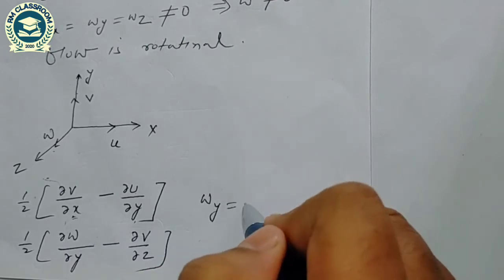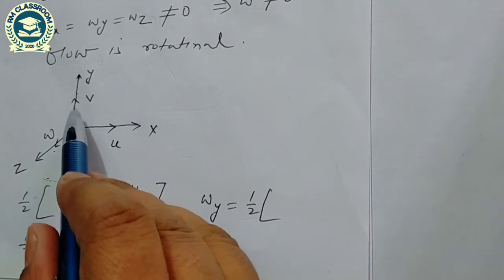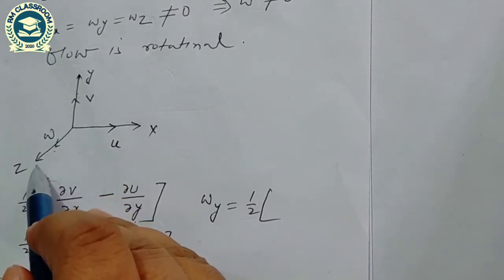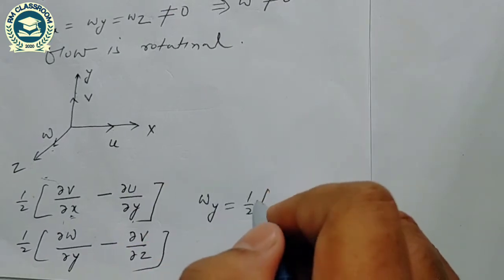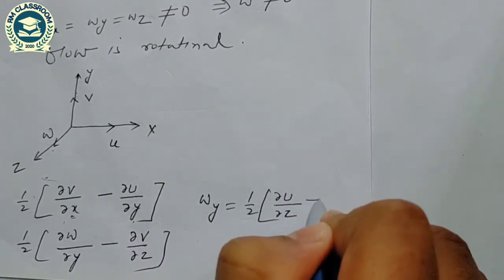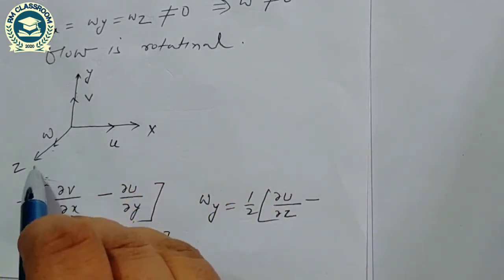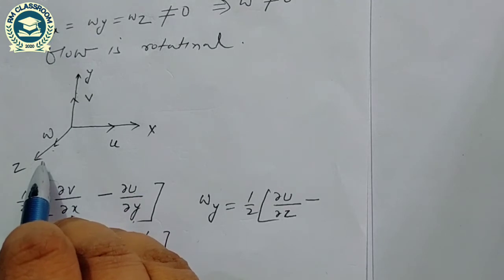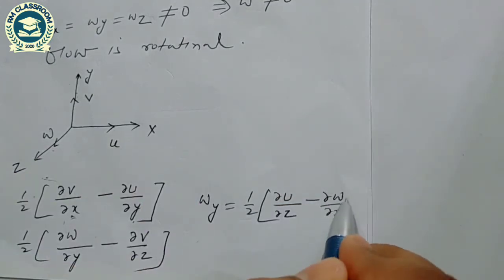Similarly, omega y can be written as, in y direction, after y direction it is coming z, we don't have to consider. After z direction it is coming x, so in x direction velocity component is u, so del u by del z, minus, once we have considered u, we don't have to consider v. After that we have to consider w, so del w divided by del x.